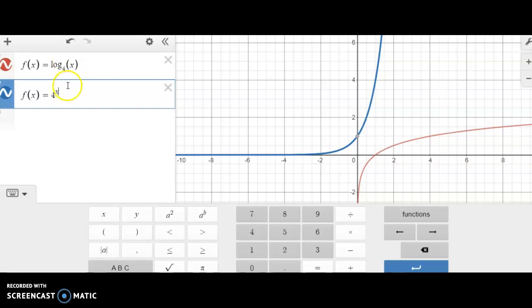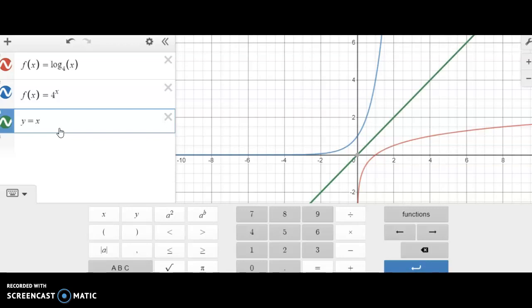These are an inverse of each other, and they are actually reflected over the line y equals x. If we mirrored these across this line, we would have the same exact function. That's the complete point of inverses, to undo something. So that should answer your next question.